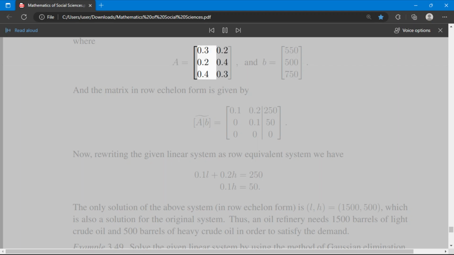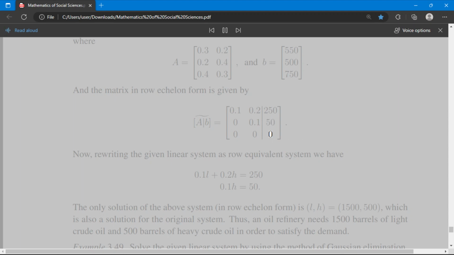Where A is the matrix of coefficients 0.3, 0.2, 0.2, 0.4, 0.4, 0.3, and B equals 550, 500, 750. And the matrix in row echelon form is given by GAB.